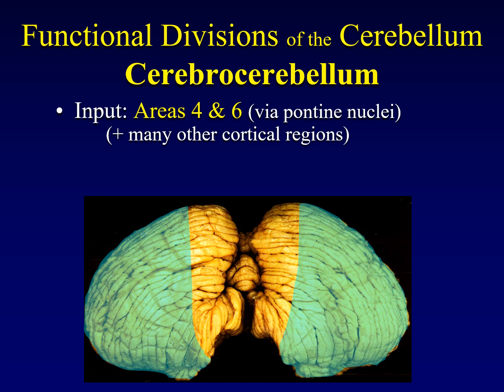And when I say via pontine nuclei, it's because we're going to have to do a little bit of relaying along because of some laterality issues. And I do have a little nod to the fact that, yeah, it turns out nothing is nearly as simple as you think. There are a lot of other cortical areas that influence, but you know what? Let's keep our life simple. We'll call it 4 and 6.